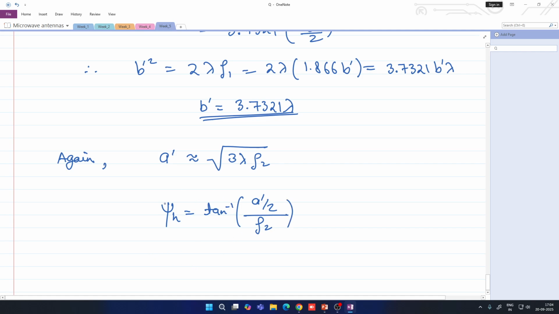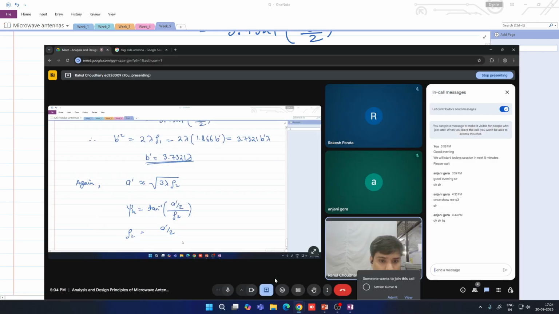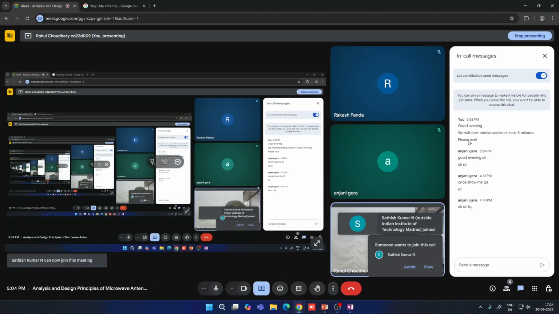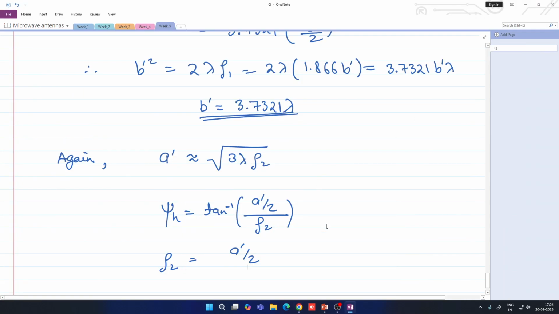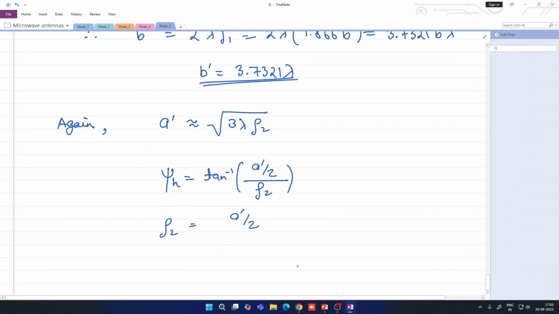So now we'll take this tan to the left hand side, and we can write rho 2 as a prime by 2 divided by tan psi H, and we know psi H is 25 degrees.